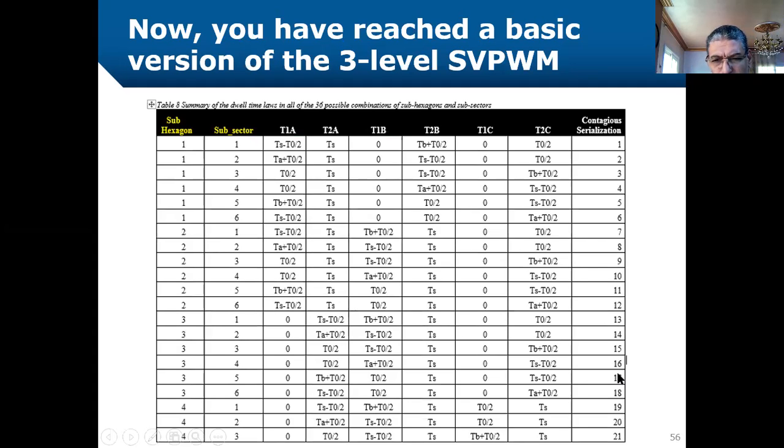And the only very simple operation we introduced here is that we want to encode each sub-hexa and each subsector in one number, okay? In one number.